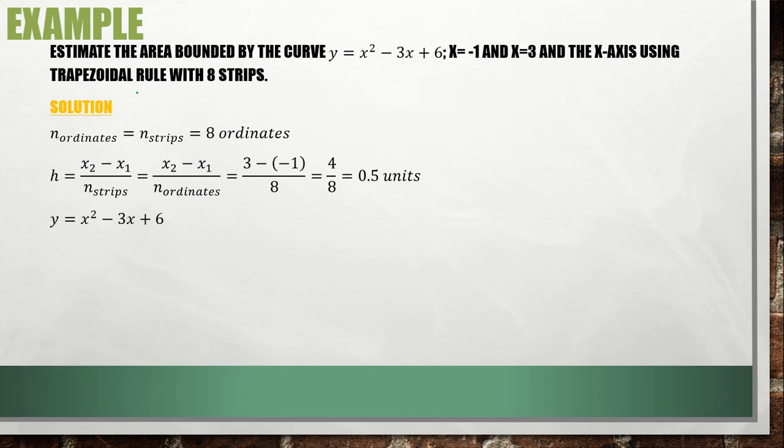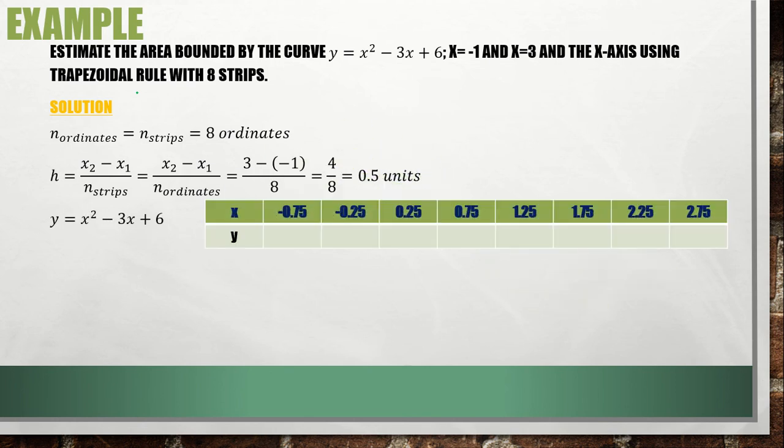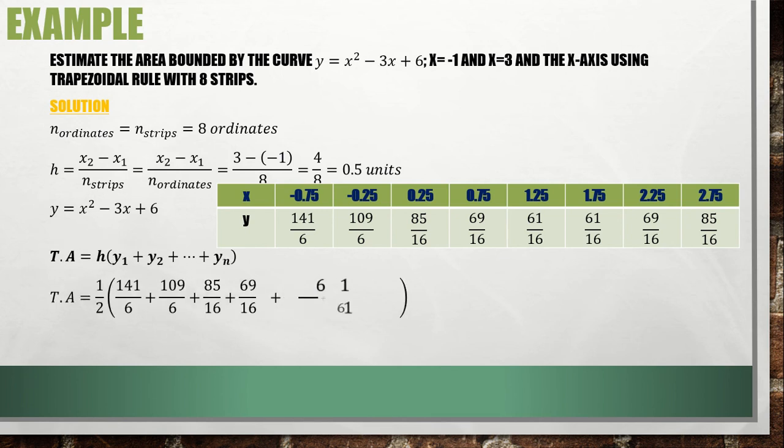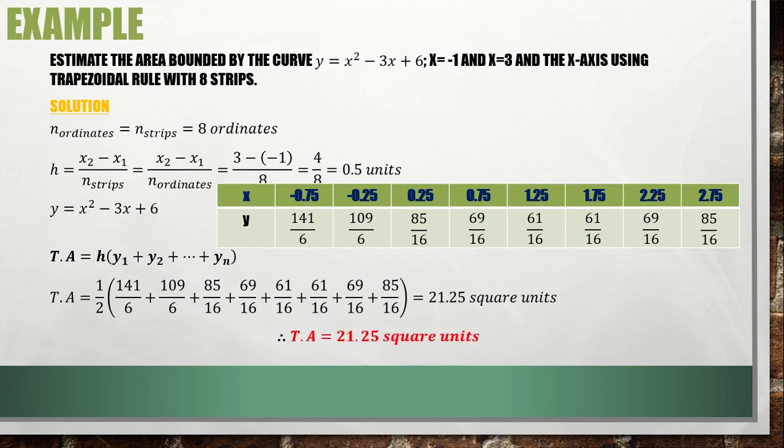So I'll come up with that particular equation, come up with my table, get the y ordinates, and that's what I'll end up with. After getting those y ordinates, I substitute them into my equation, and I'll end up getting my area as 21.25 square units, and that will be the total area that I'll have for this particular case.